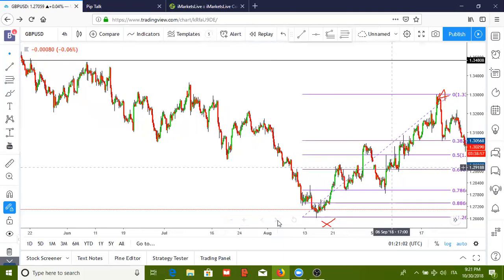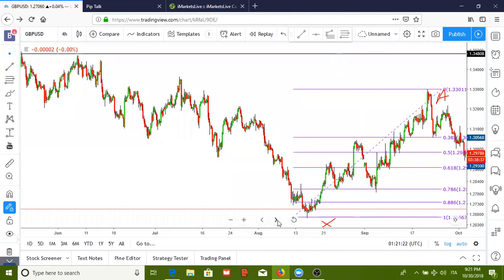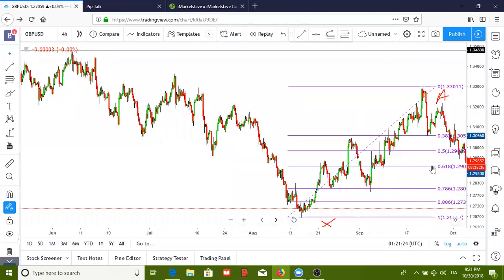Price came here and gave me a 38.2. When price gave me that 38.2, I'm like, okay, cool. I'm looking for a potential cipher pattern because it hit that 38.2. But then price, as you see, proceeded to break to the downside even more. And let's see what we get. Price then came down and hit that 50% retracement right there, which is perfectly fine. Now I'm looking for a bat pattern with a potential cipher.